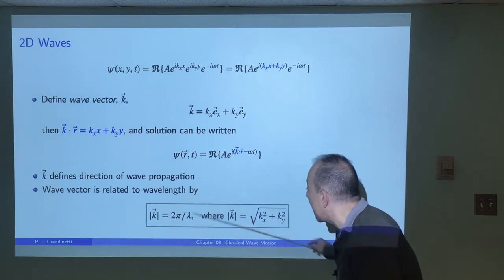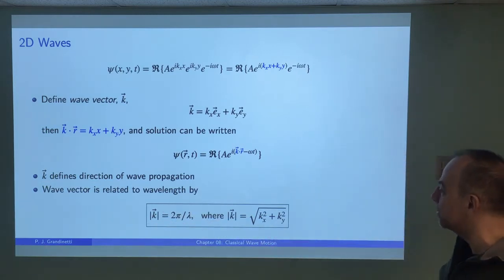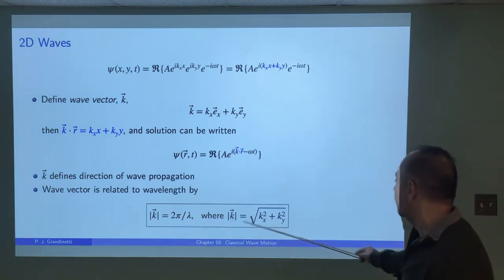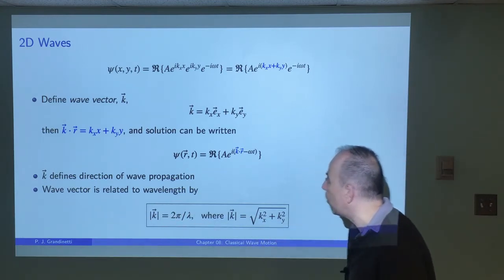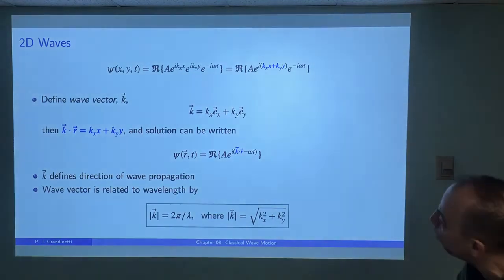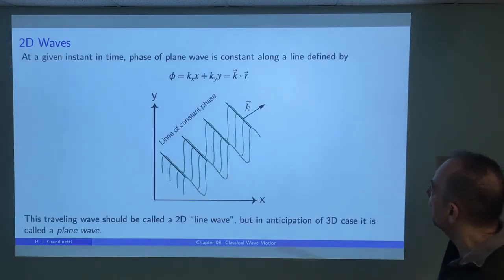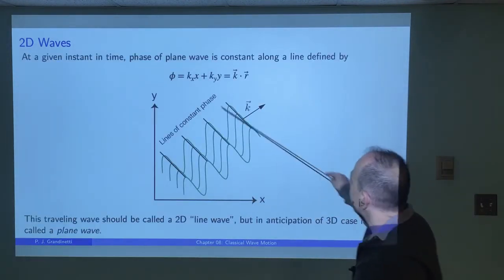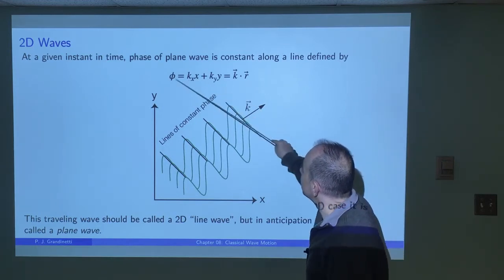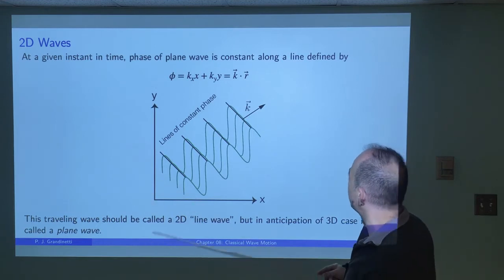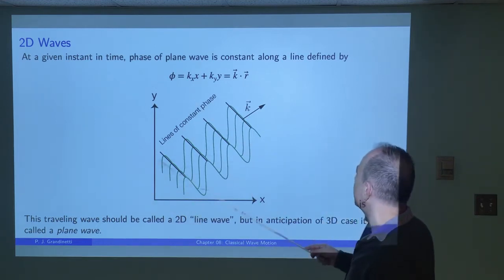And the size of k is still going to be 2 pi over lambda. But this vector quantity now is going to tell us the direction in which the wave is moving. So if we think about it this way, then kx times x plus ky times y gives us a phase that's in our argument for our sinusoids.